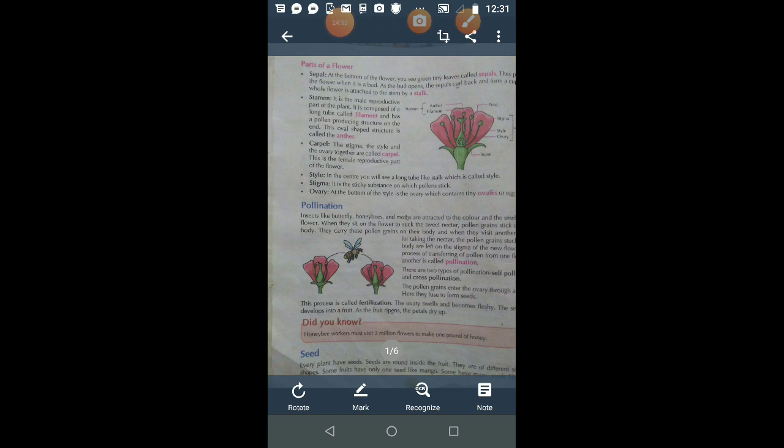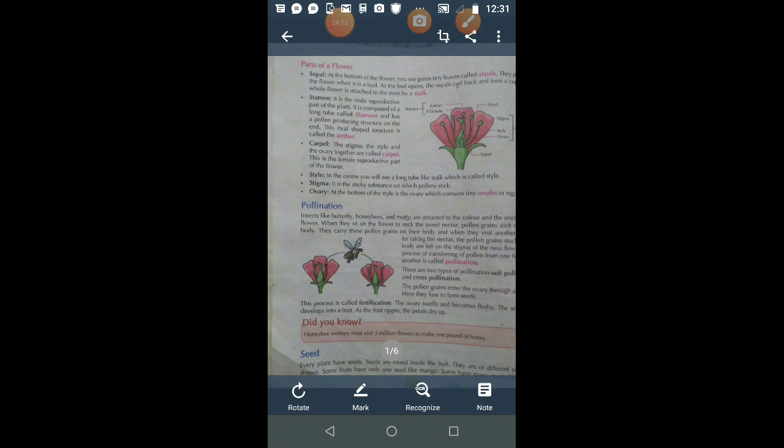In the same flower, pollen grains enter into the stigma. Now see another case.